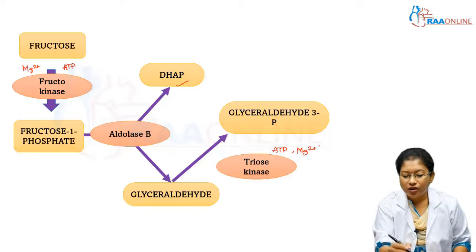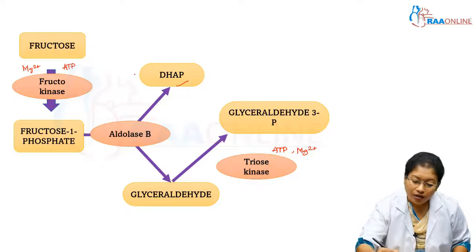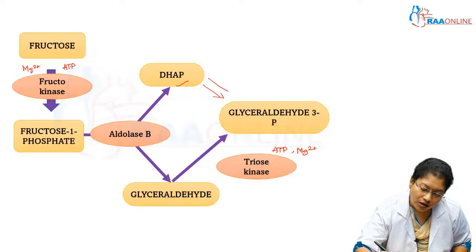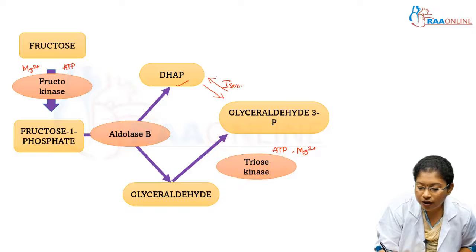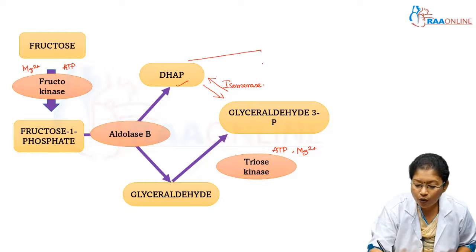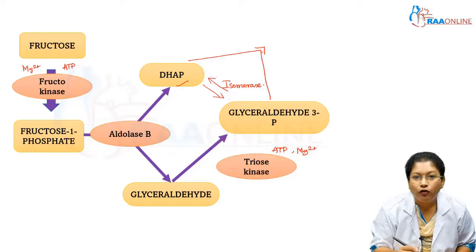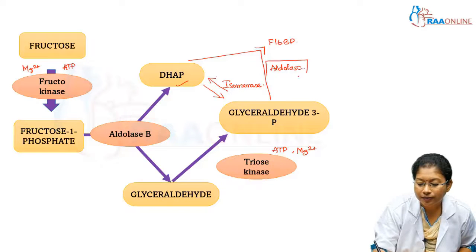What happens once dihydroxyacetone phosphate and glyceraldehyde 3-phosphate are formed? They are isomers, so they can be interconverted by isomerase. These two compounds join to form fructose 1,6-bisphosphate by the enzyme aldolase.